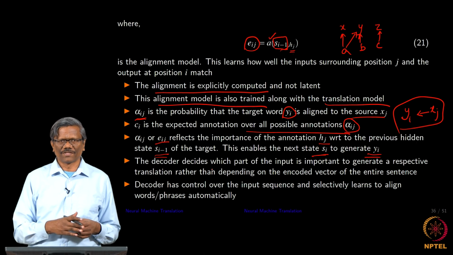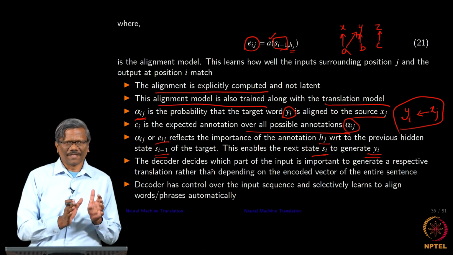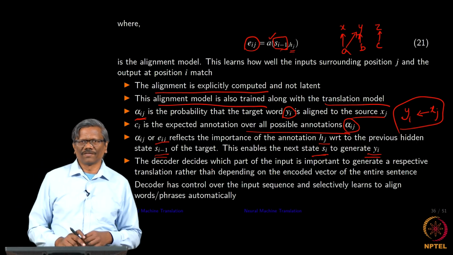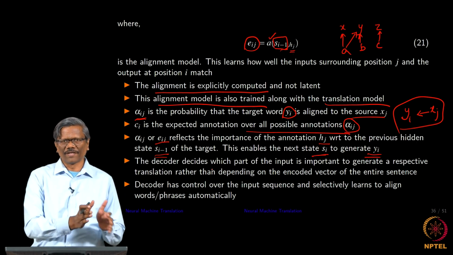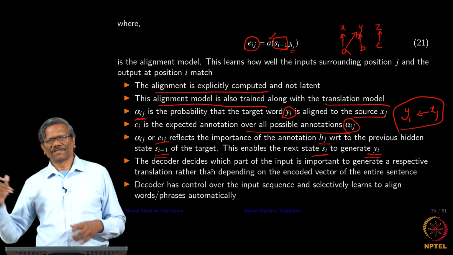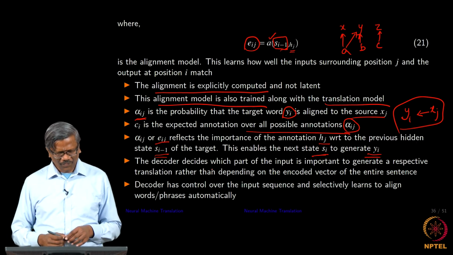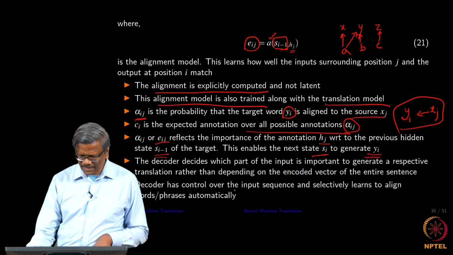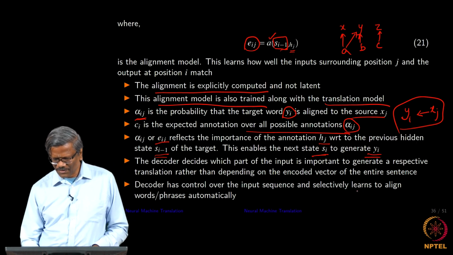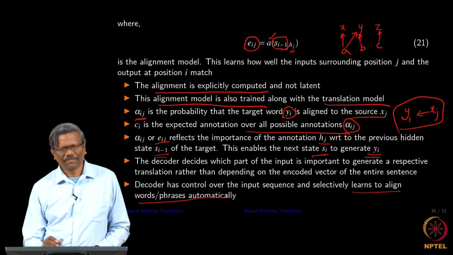In this case, now it is not required. It can figure out which part of the sentence, or which part of the encoder, is useful, and then starts aligning it automatically. Decoder has control over the input sequence and selectively learns to align words and phrases automatically.